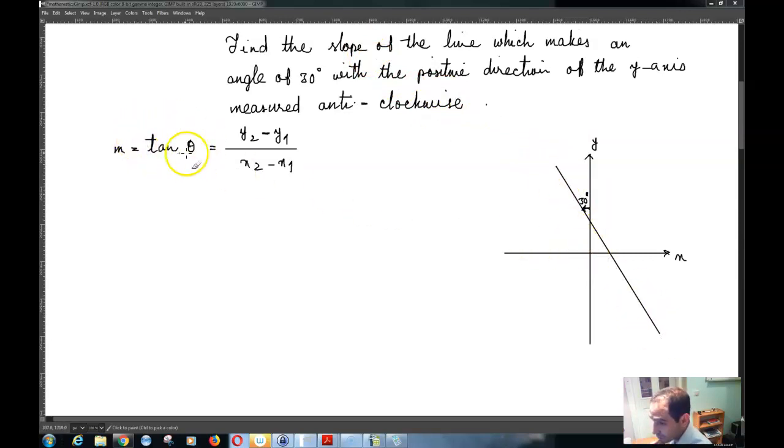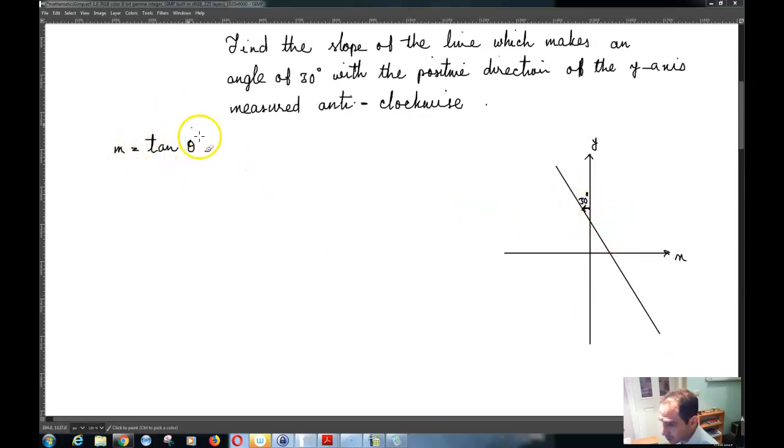And since I don't have any points on this line, y2, y1, x2, x1 is not going to help me at all. So I can simply get rid of them and simply write m is equal to tan of theta.